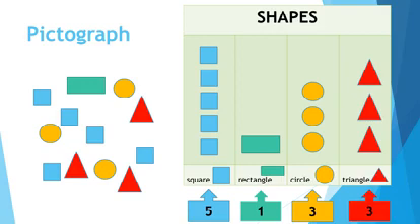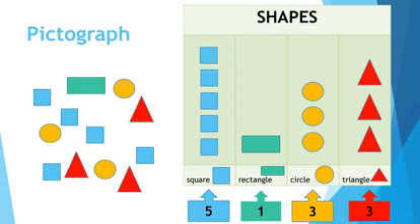So if we're going to observe the pictograph, look at the pictograph carefully. Which shape has the most number? Okay, it is the square because we have 5 squares in the pictograph. Which shape has the least number? Okay, the fewest number is the rectangle because it is only 1.